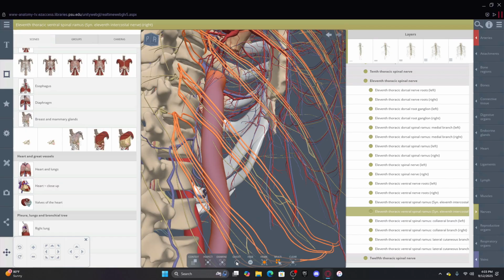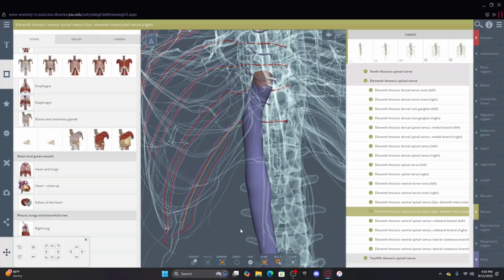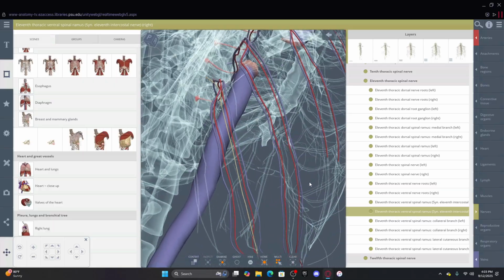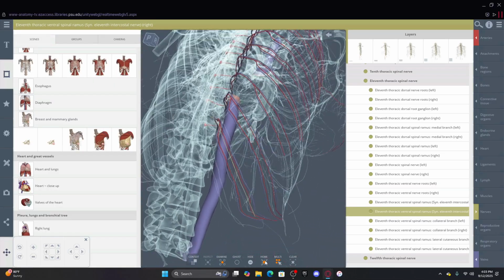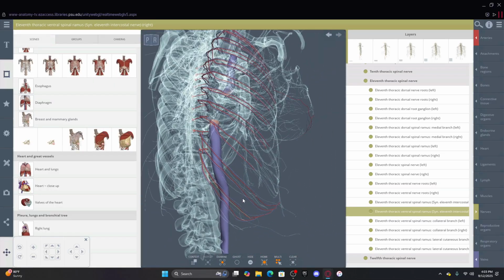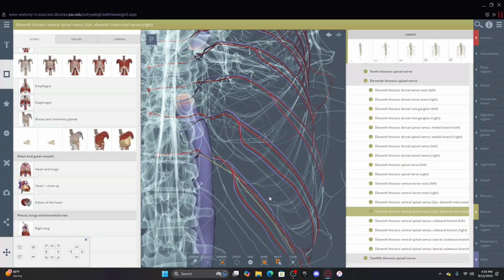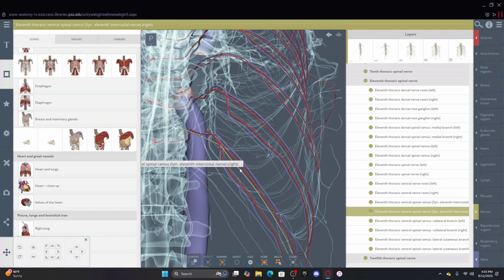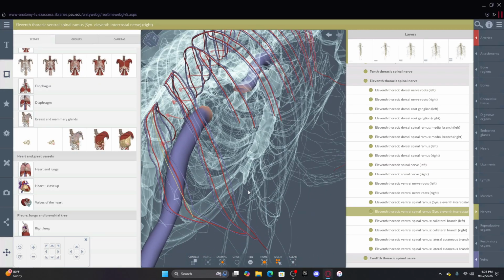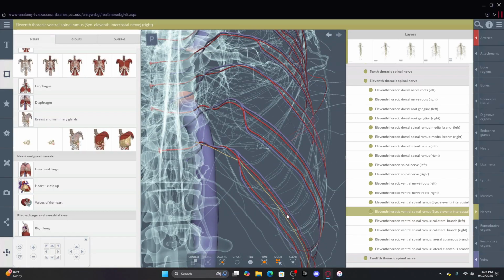You can see, just in this individual section, the intercostal vein, artery, and nerve running with each other in the subcostal groove.